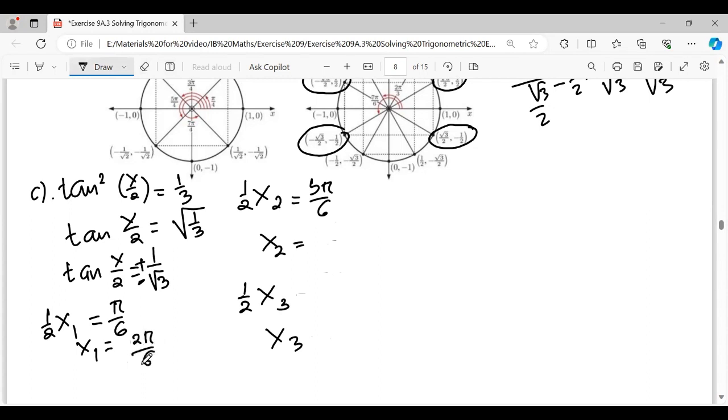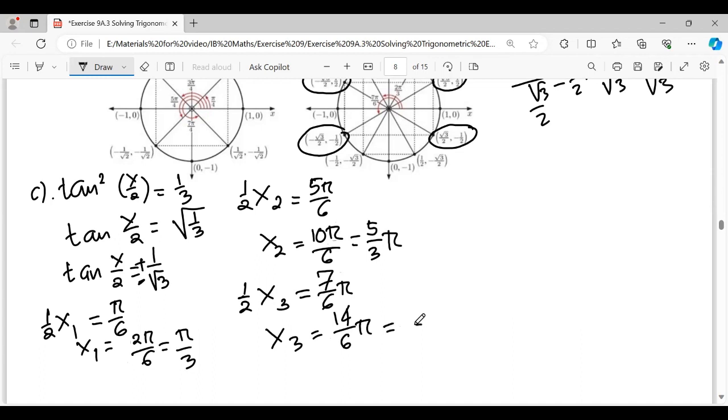2 pi over 6 or pi third times 3, 10. Or 5 third times 2, I mean. 7 times 2, 14. 6 times 2 plus 2.